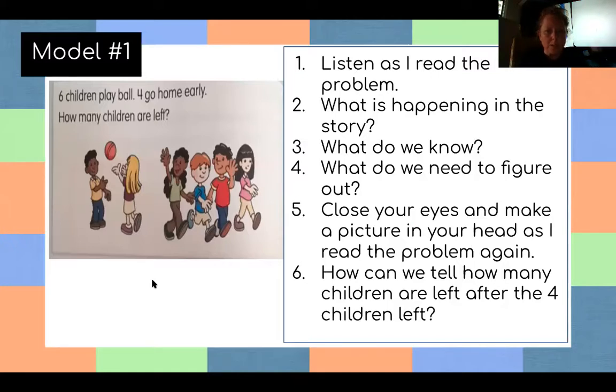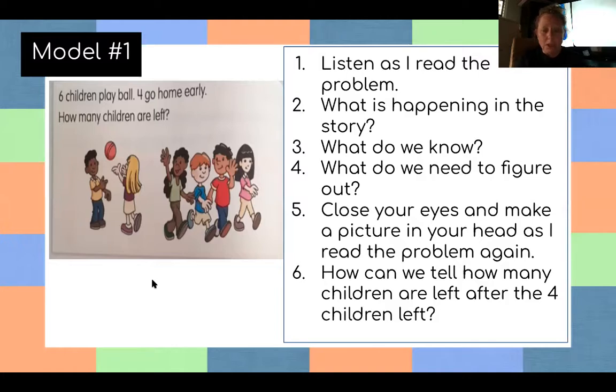Turn and tell someone near you. We know there were 6 and 4 leave. What do we need to figure out? We need to figure out how many children are left.